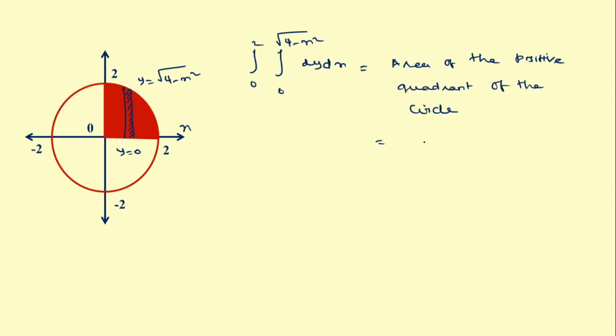We know the area of the whole circle is 4 pi. Then the area of only the positive one quadrant is 1 by 4 into 4 pi, that is pi square units.